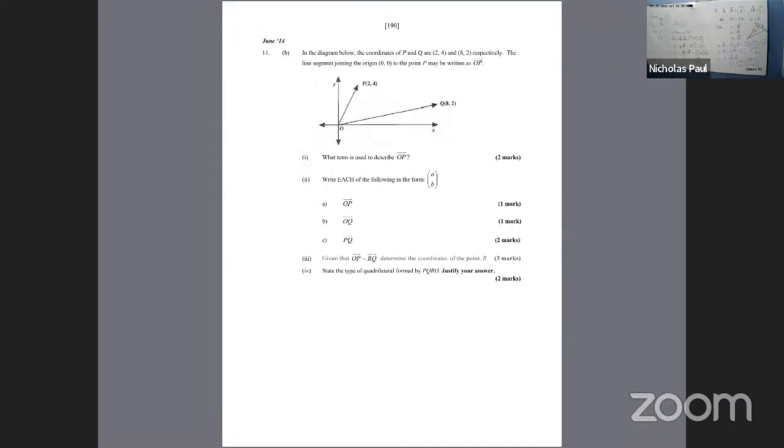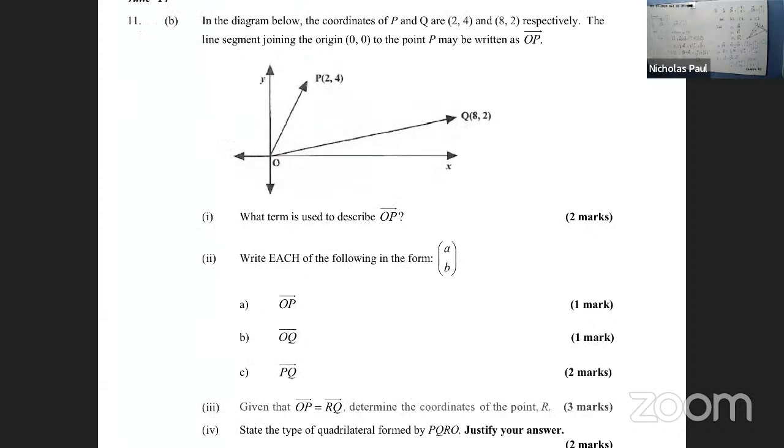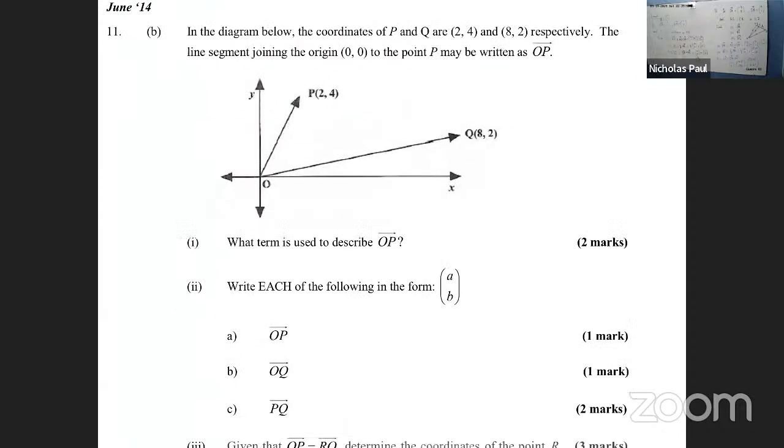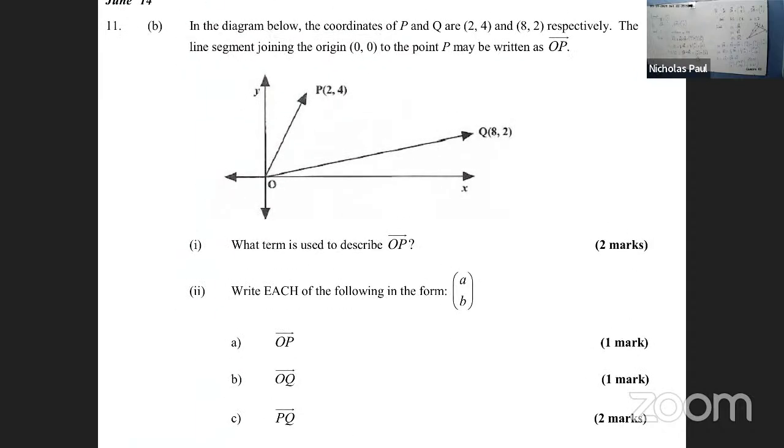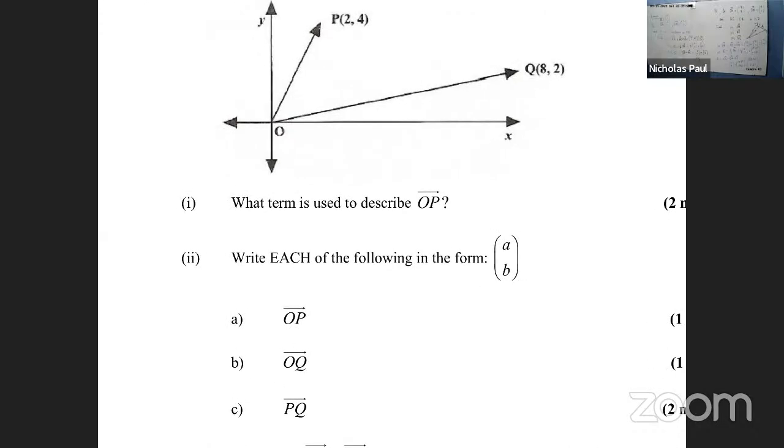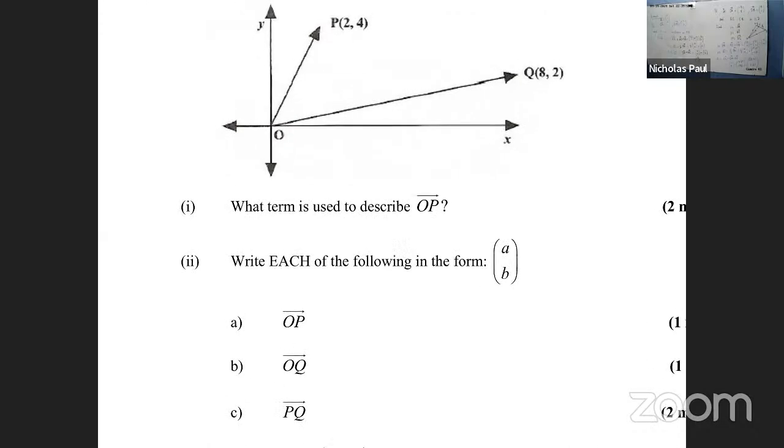Change that one, sorry. Next one. Try this here. Where is the mark? So that's 1, 2, that's 4 marks.